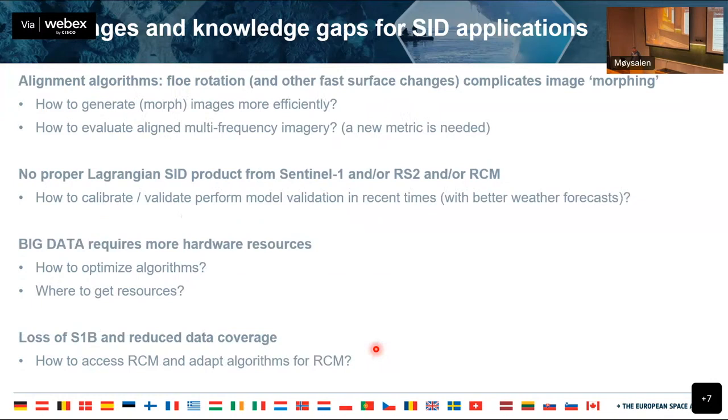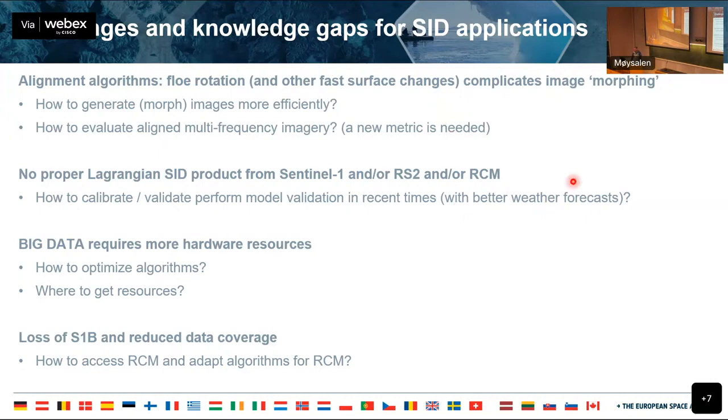And then the challenges for applications are the following. So for the alignment algorithms, the small scale changes complicate morphing because when you have a rotation, the morphed image looks very smooth and it is not very efficient for further ice type classification.